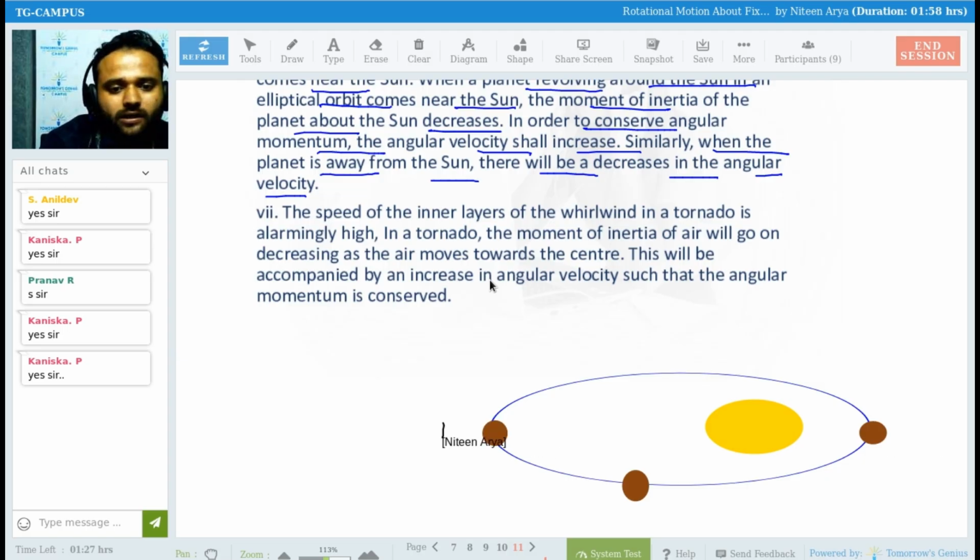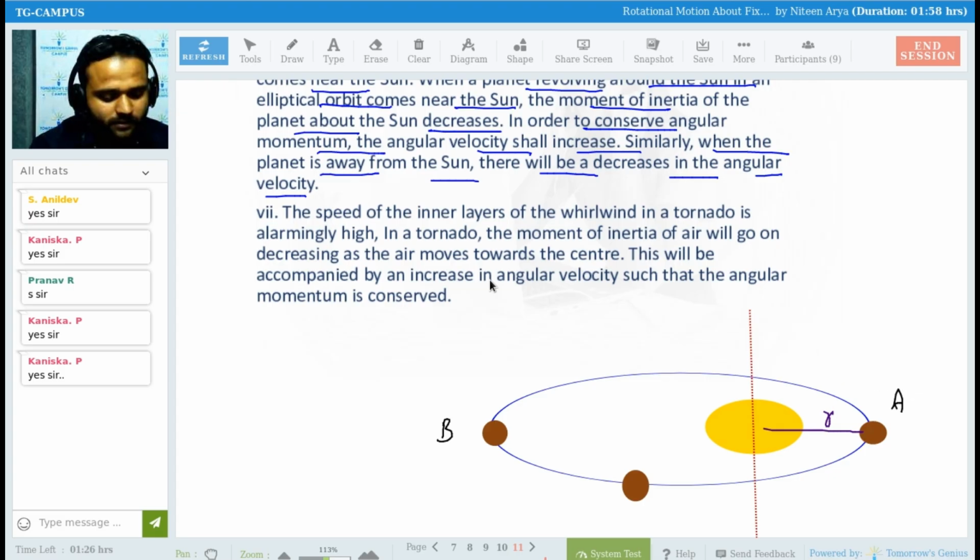Now you can understand more clearly. At B and at A, as you can see clearly, if I take the sun as the axis of rotation, because Earth is rotating around the sun, in this particular case you can directly see here R is minimum. Clear? Here R is minimum, and I can write R capital. Here R is maximum.